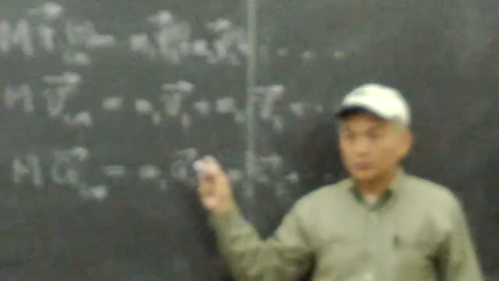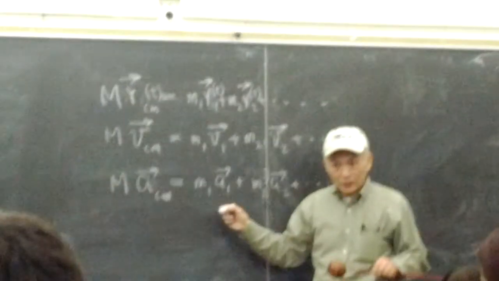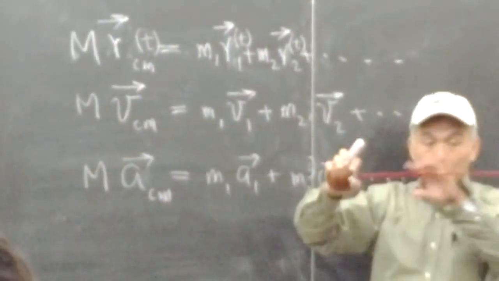But the right-hand side is what? MA is equal to the net force, right? So net force on 1 plus the net force on 2. This is then the net force on the system, right? Okay, so this is the net force on the system.